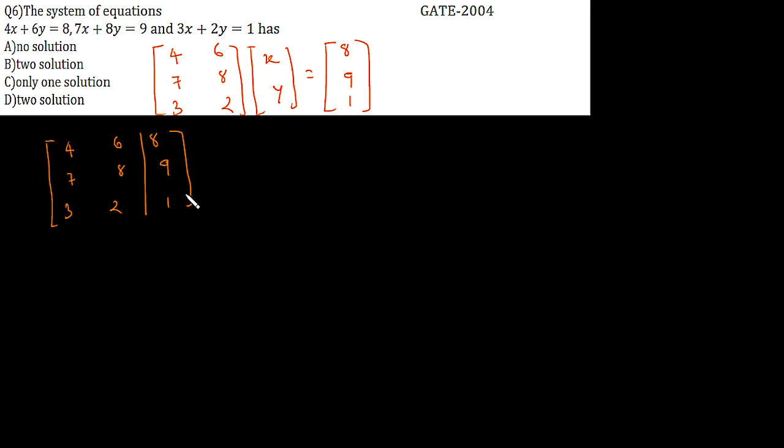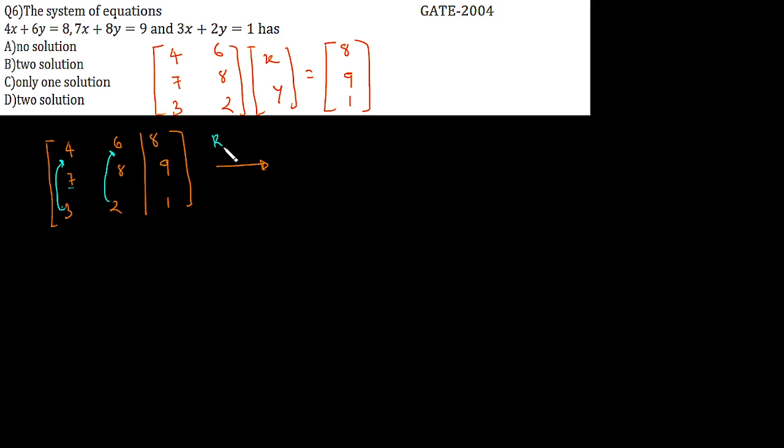Now all we have to do is apply some row operations and reduce this matrix. Look at the entries: here we got 7 and here we got 8. Now look at the first row and third row. If I add the third row to the first one, then I am getting 7 and again 8, which is exactly the same as this row.